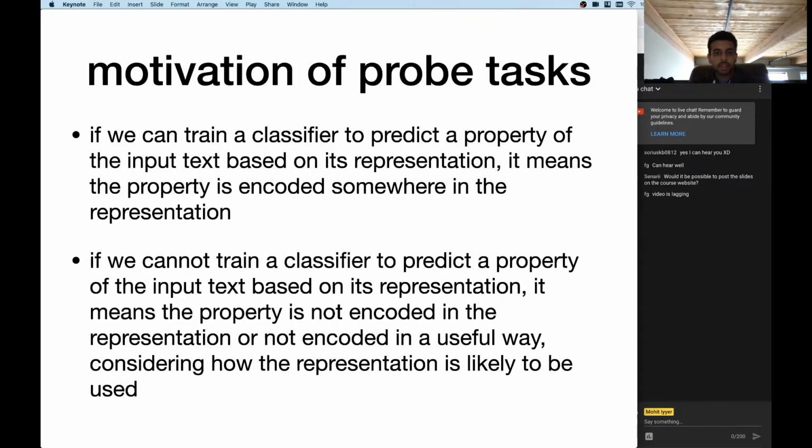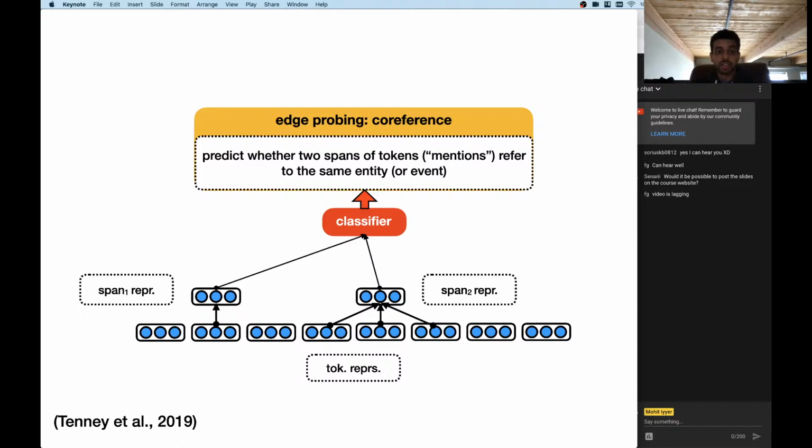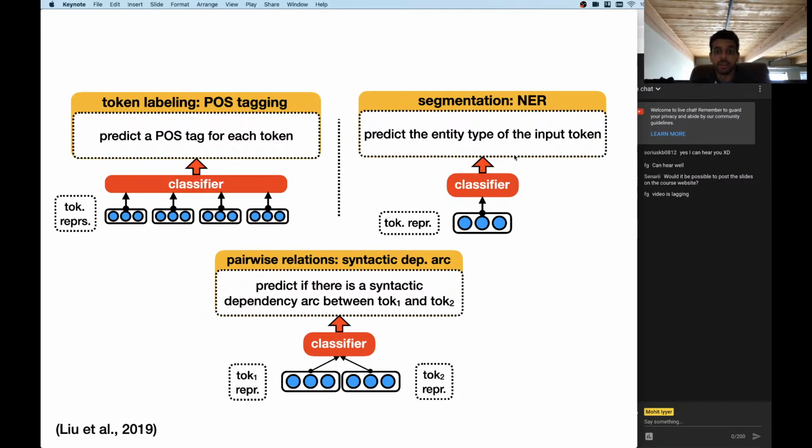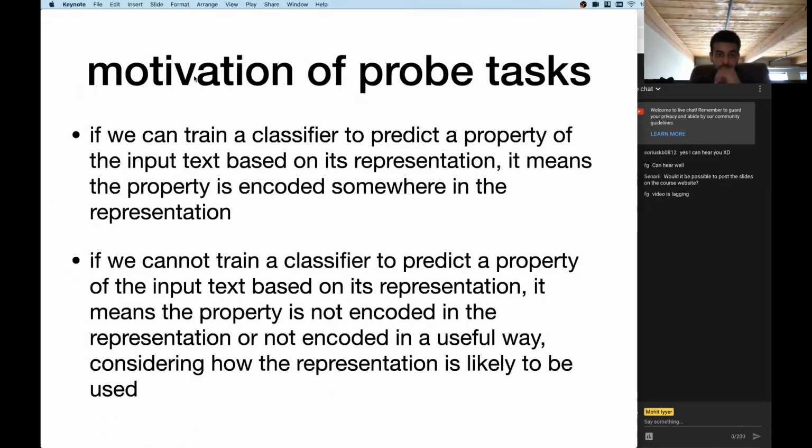All right. So just to review the motivation of all these tasks, now that we've outlined several different specific instances of probes. First, if we can train a classifier to predict a property of the input text based on this frozen representation without any further fine-tuning of the model, that means that this property is likely encoded somewhere by the model. So the model has learned things like coreference or entities or part of speech that's present in the representation.